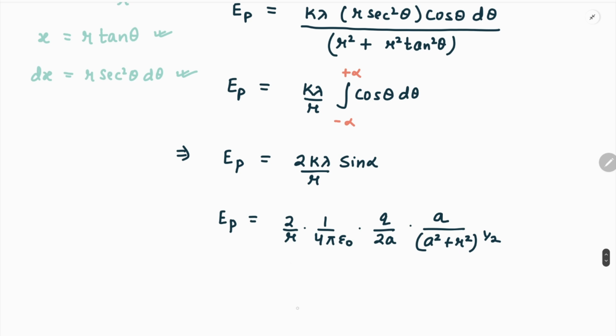And over here we obtain the final answer as q upon 4 pi epsilon naught r root over a square plus r square. So this is the final answer for the first part of the problem which we had.